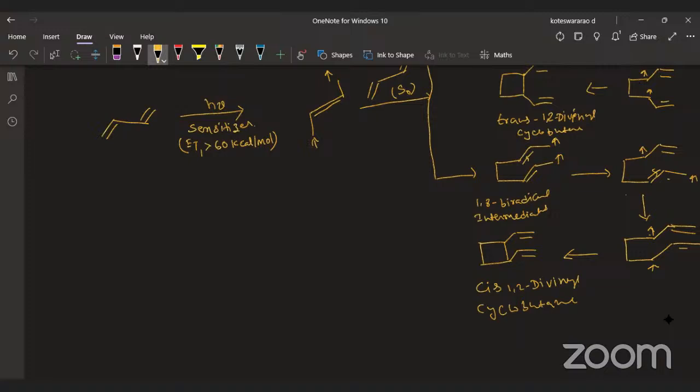Suppose you imagine that, cis-trans can be explained like this.